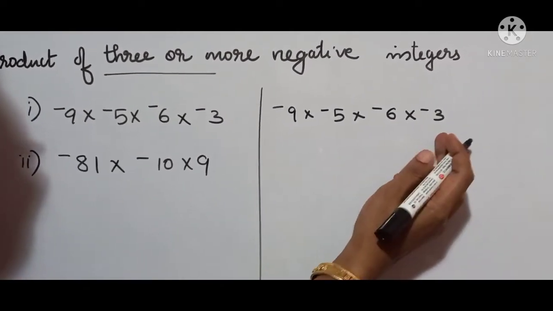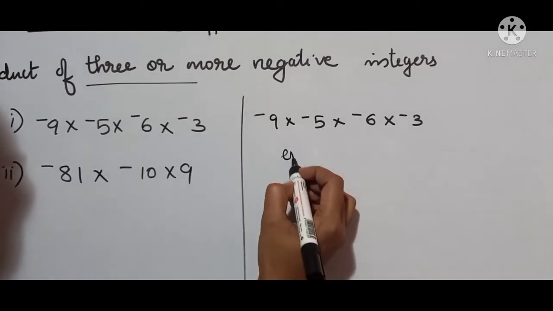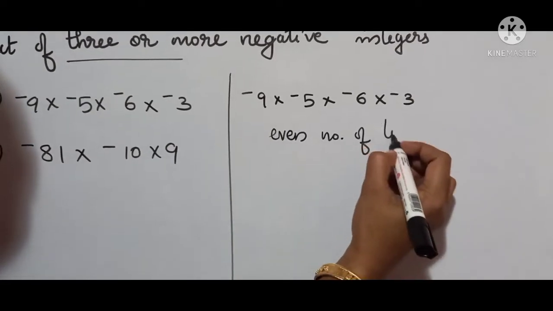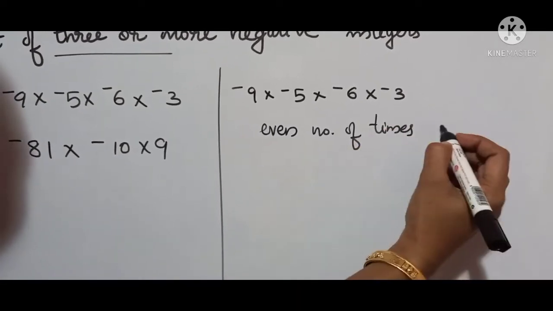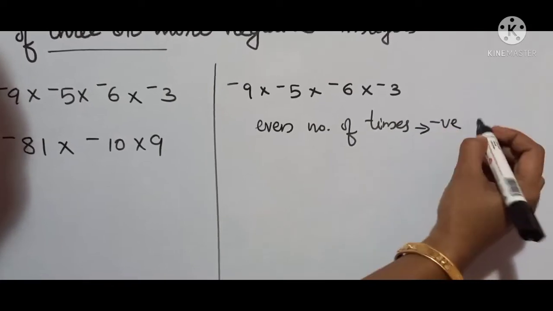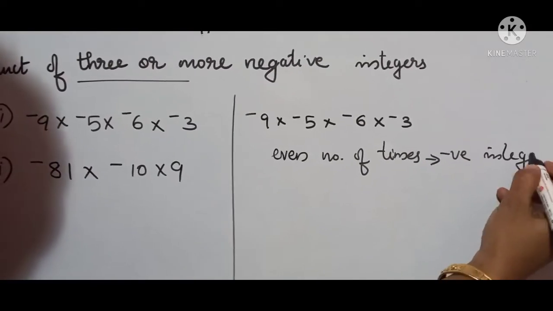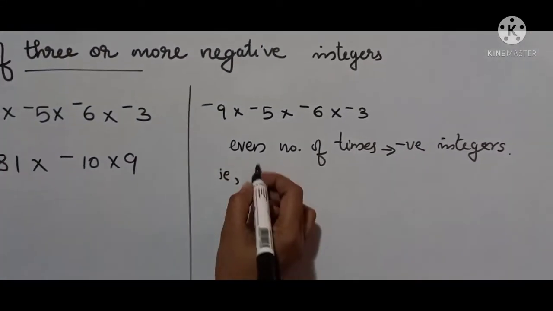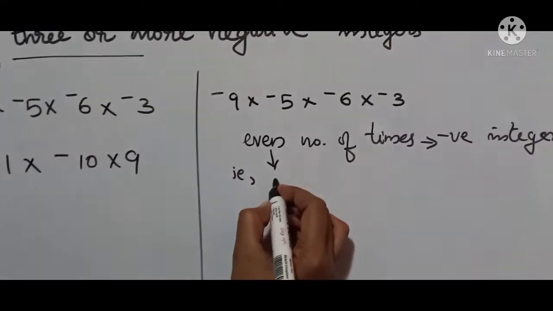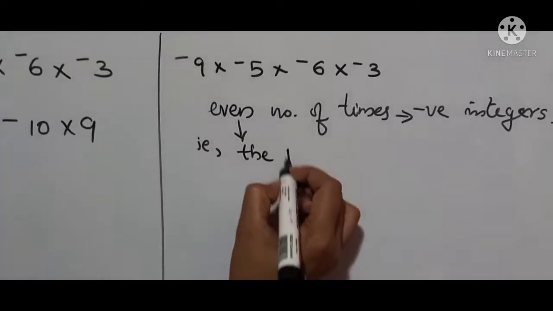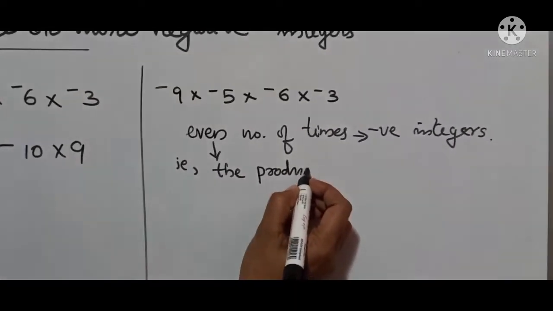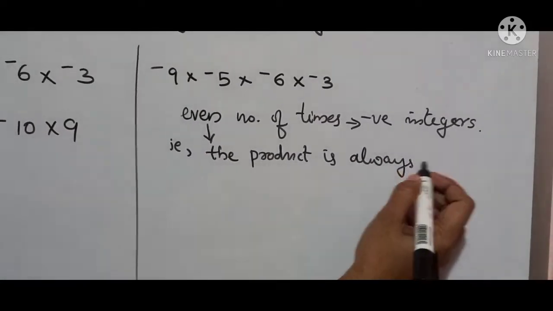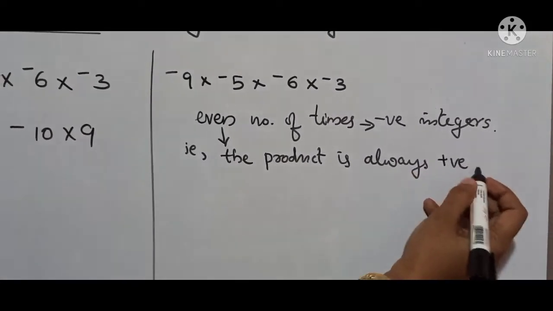That means negative integers occurred an even number of times. If it is an even number, the product is always a positive integer.